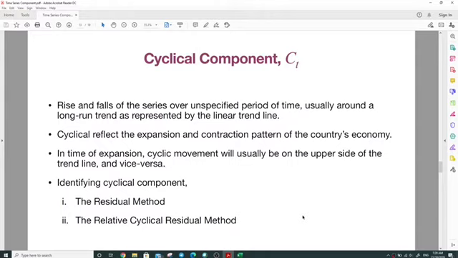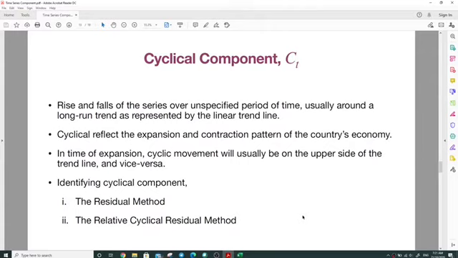It's usually around a long run trend, so we need quite a long observation to detect this component. And this cyclical component may reflect the expansion and contraction pattern of the country's economy.